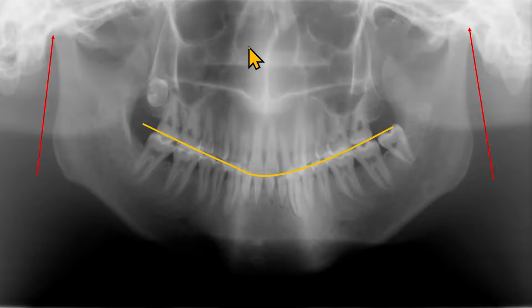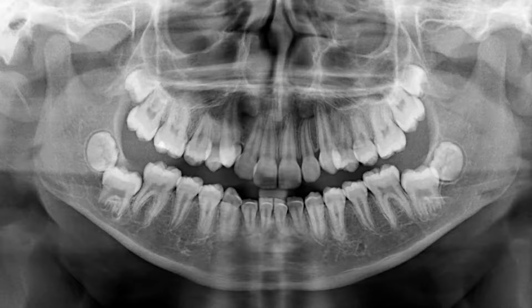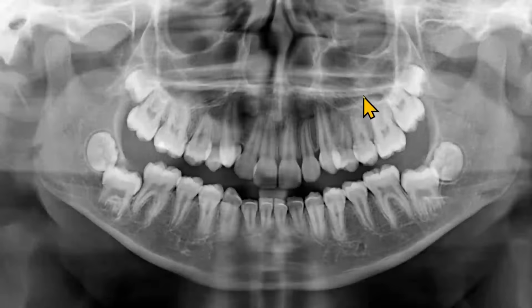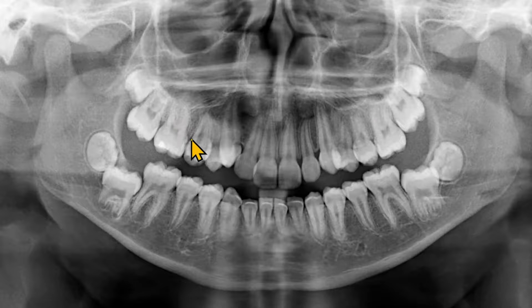So they are tipped inwards. And we also see that the hard palate is pointing downwards around the center of the film.